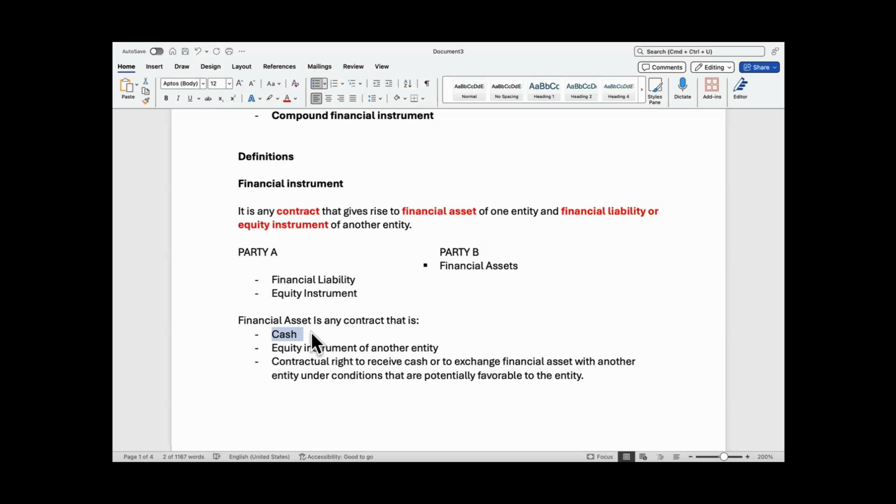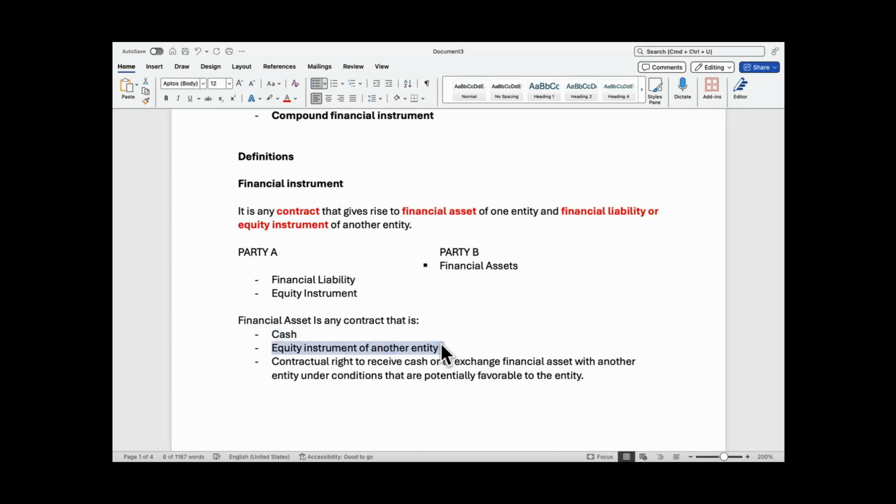What IAS 7 defined was cash equivalent, cash and cash equivalent, where it says that it is a medium of exchange that is generally acceptable with an insignificant risk of changes in value. But the reality is this: cash is cash. Money in your bank, money in your hand, highly short-term investments, those are cash. So, cash is a financial asset.